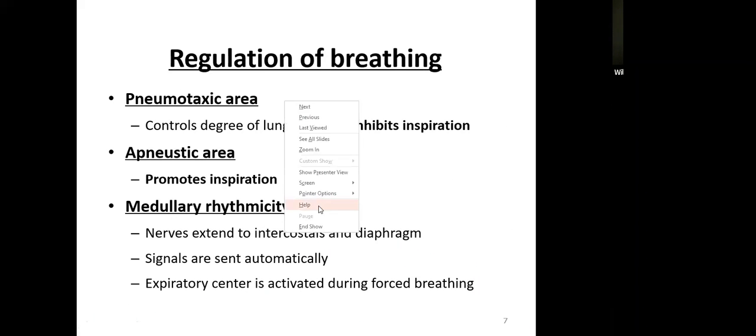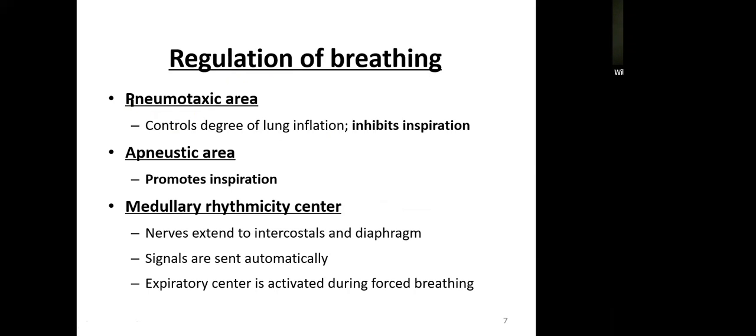So I started to talk last session about the electrical activity, or how the central nervous system and the peripheral nervous system work in relation to control of the heart itself and cardiac output. What we also need to consider is how breathing is regulated.